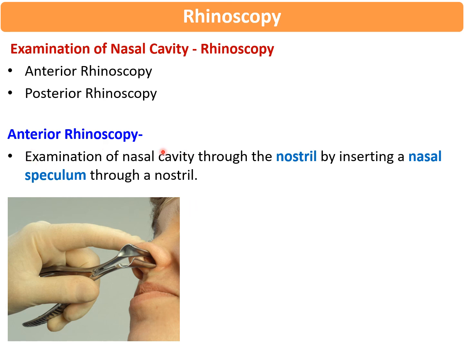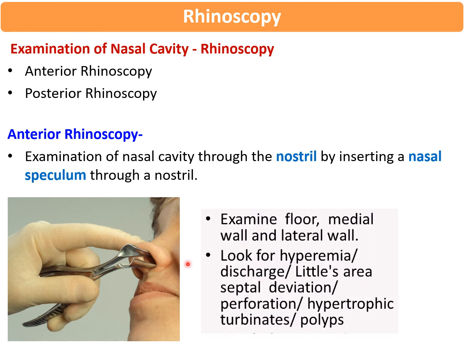Anterior rhinoscopy, how does one examine? This is examination of the nasal cavity through the nostrils by inserting a nasal speculum. And what all can be examined? One can examine the floor, the medial wall and the lateral wall of the nasal cavity. One can look for hyperemia, that is increased vascular blood flow through that area, which could be because of some inflammation or infection there.